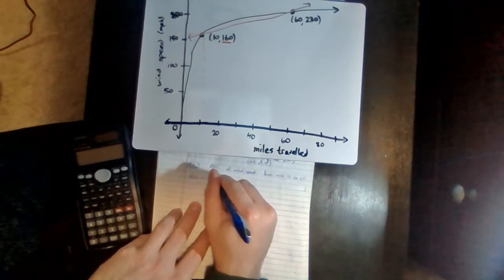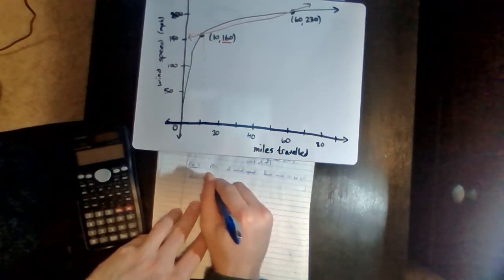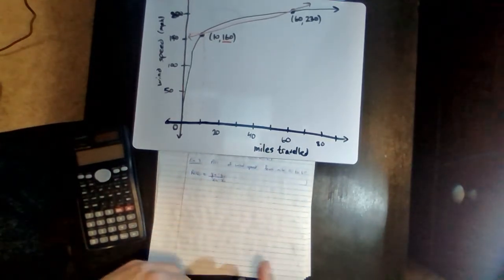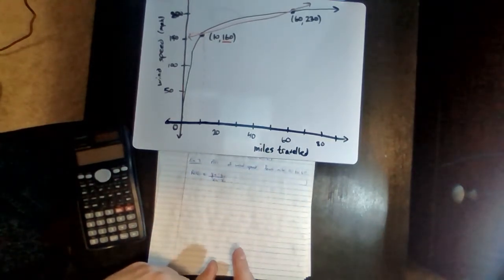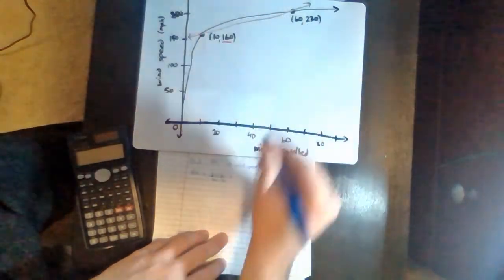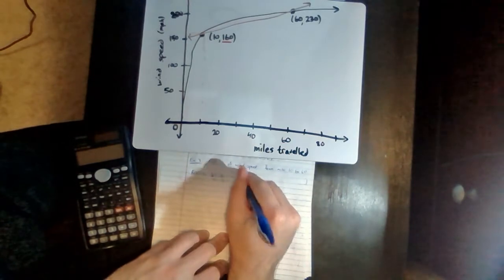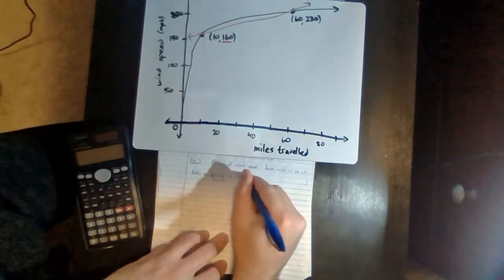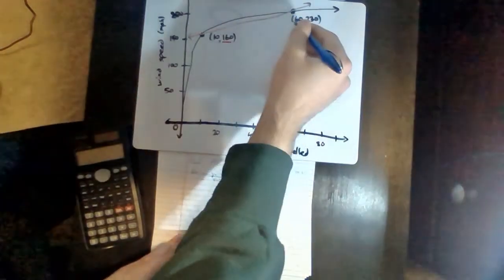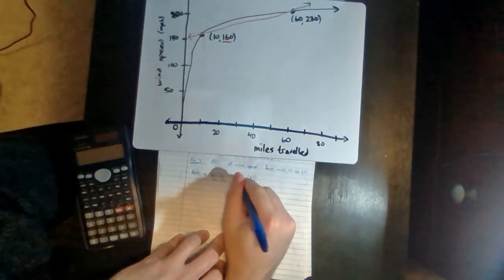So again, it's y2 minus y1 over x2 minus x1, or f of x2 minus f of x1 divided by x2 minus x1. Our second y value is 230. Our first y value is 160. Our second x value is 60.